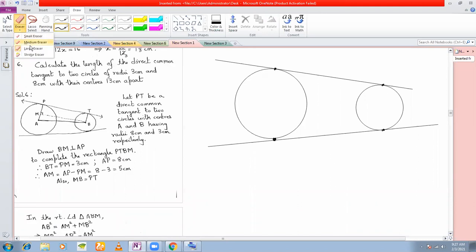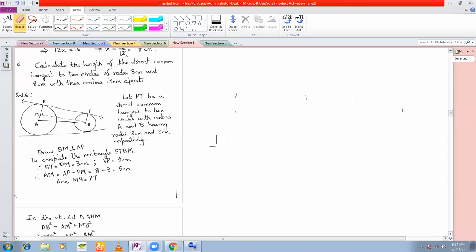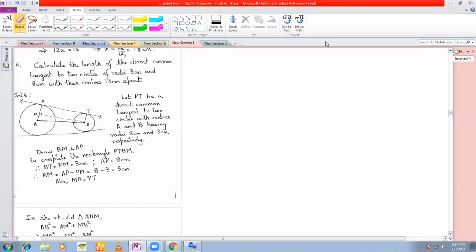What are transverse common tangents? Transverse common tangents are drawn in a slightly different manner. This also requires two circles because we are talking about common tangents here. So transverse common tangents will look something like this.